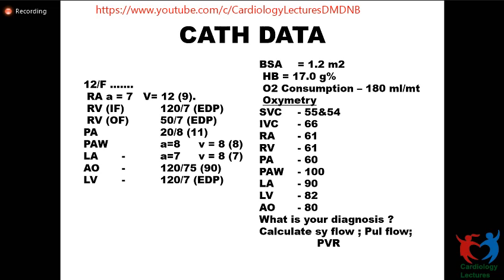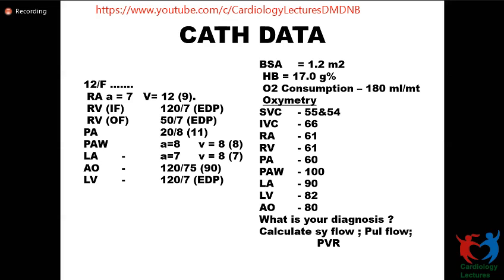So it may be because of the tricuspid regurgitation. So this is a full diagnosis. It's a case of tetralogy of Fallot with a gradient across both infundibular and valvular stenosis. Then there is probably some degree of tricuspid regurgitation, and there is associated atrial septal defect.